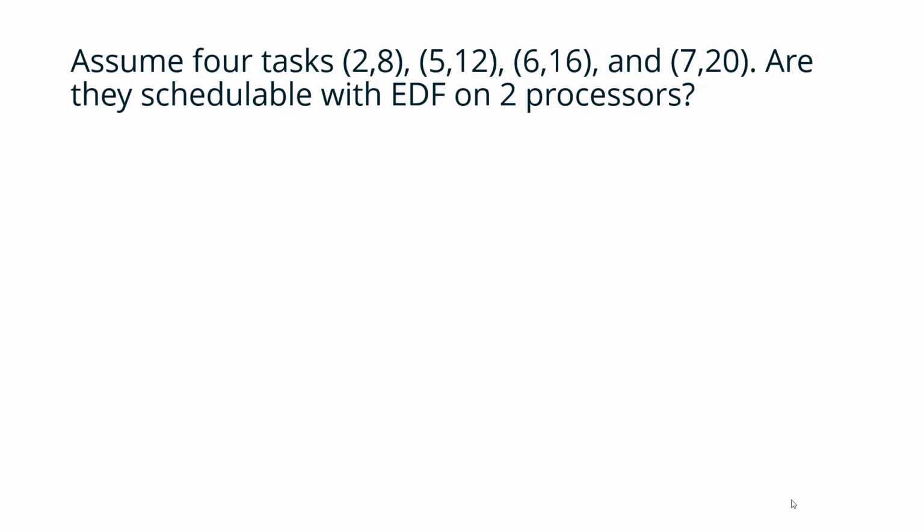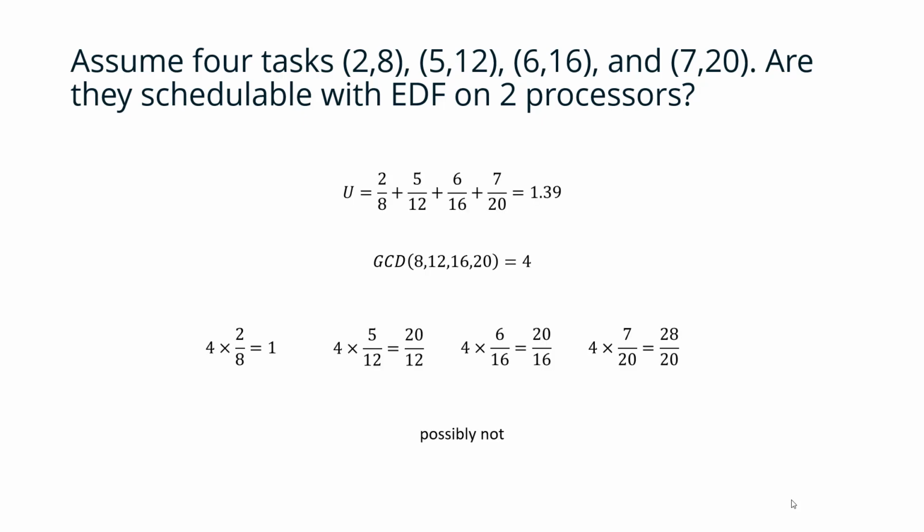Assume 4 tasks. Are they schedulable with EDF on 2 processors? So this is the weird one where you calculate the utilization and you check to see if that's less than 2, right? Because that's a dead giveaway. If you don't have enough system capacity, it won't schedule.